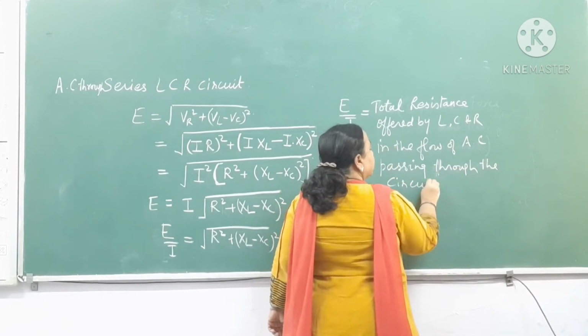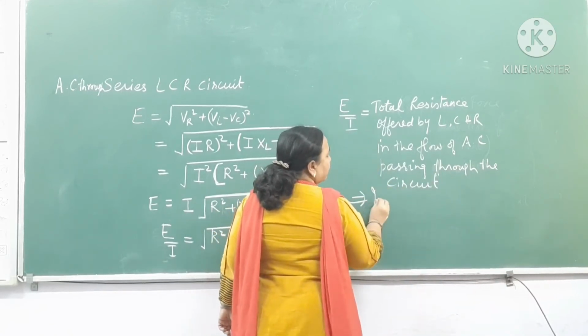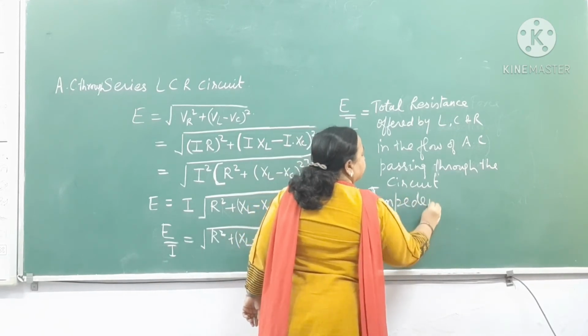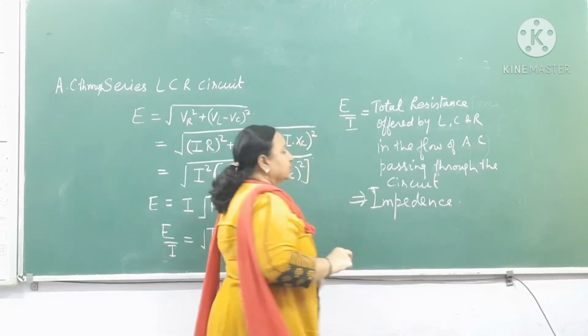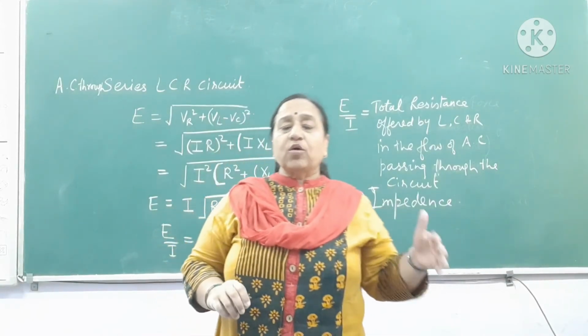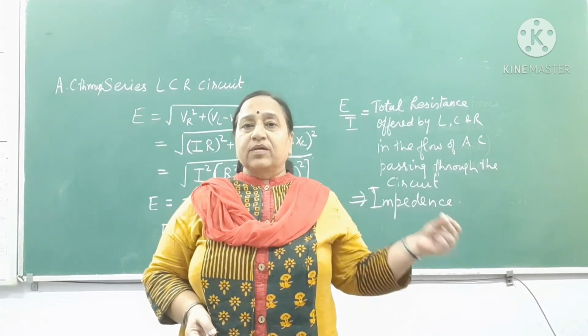And this term is called the impedance of the circuit. Impedance is the total resistance. This is called impedance because it impedes the current.